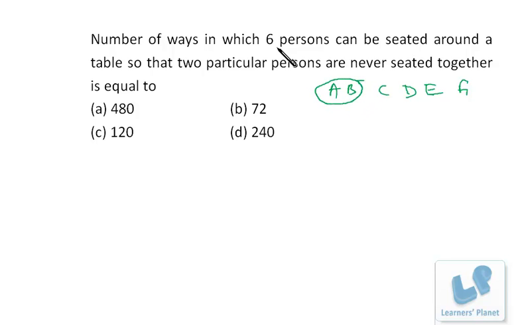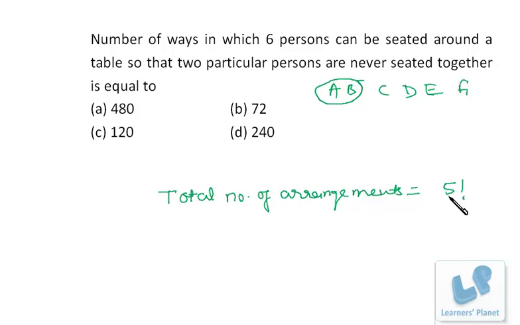So if 6 persons are sitting around a table, that means it is a circular arrangement, and in a circular arrangement the total number of ways of arranging n people is n minus 1 factorial, right? So in all, the total number of arrangements will be 5 factorial, that is n minus 1 factorial.